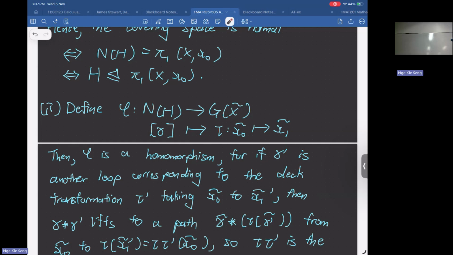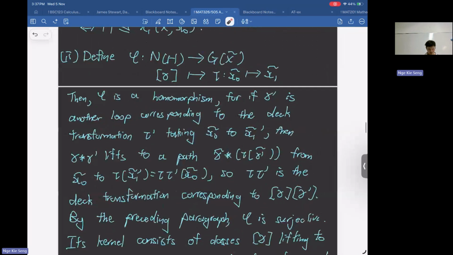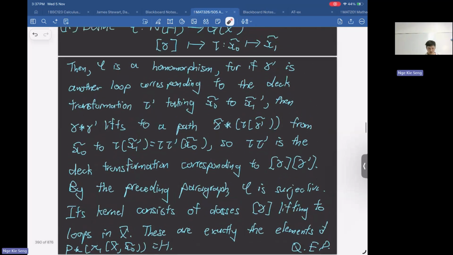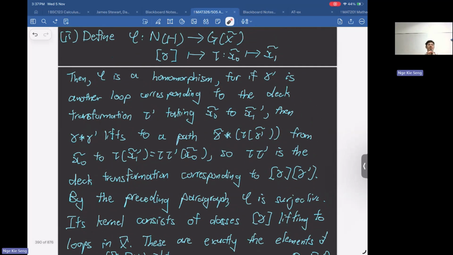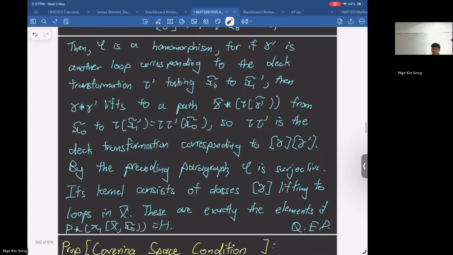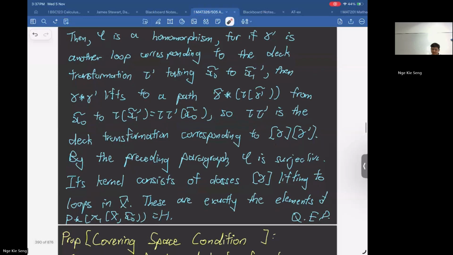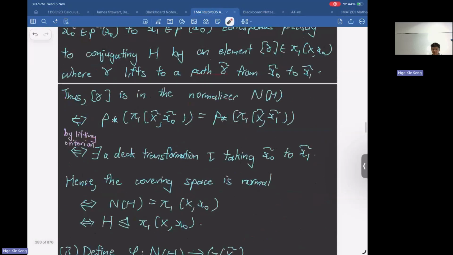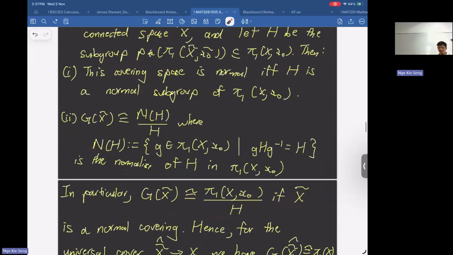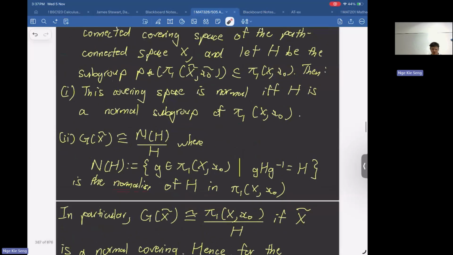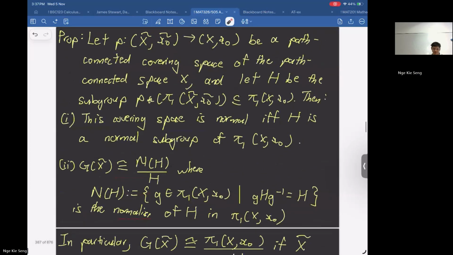I think the more work you need to do is to check what's the kernel inside here, and then you prove that the kernel is exactly H. Any question on this? Not on the proof, proof maybe you need to have a look. But any question on these facts here?